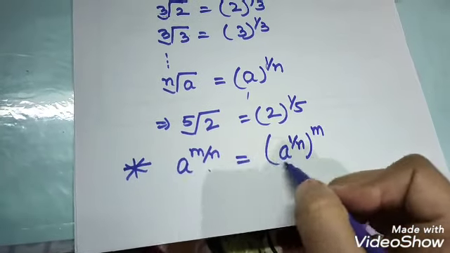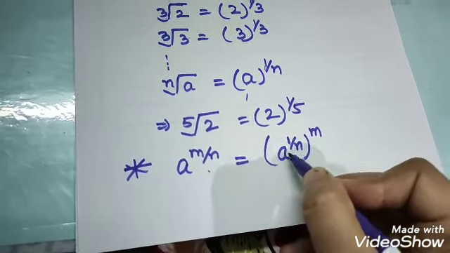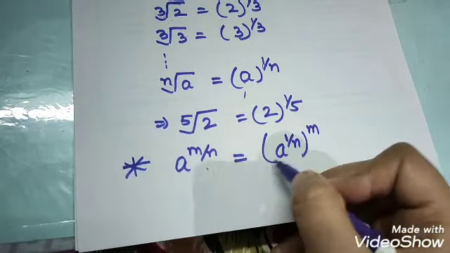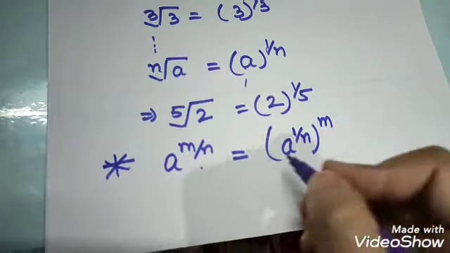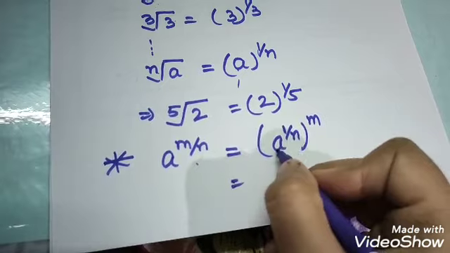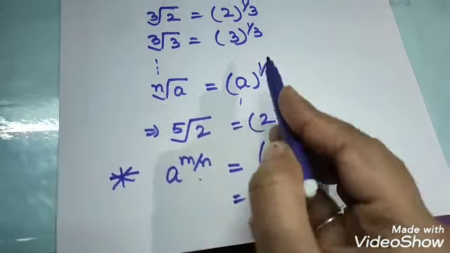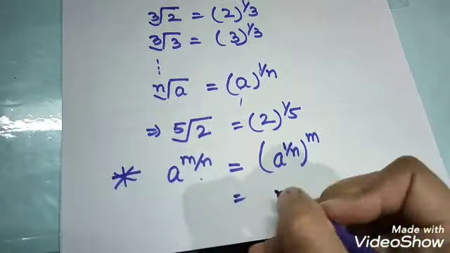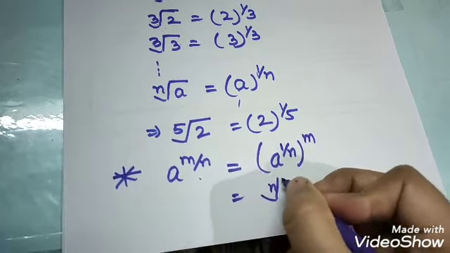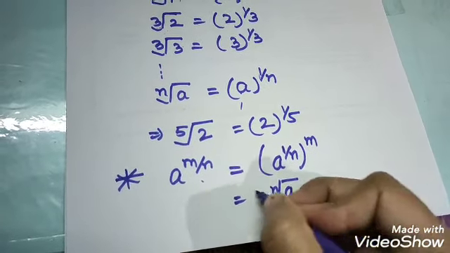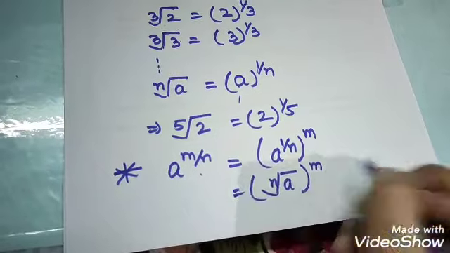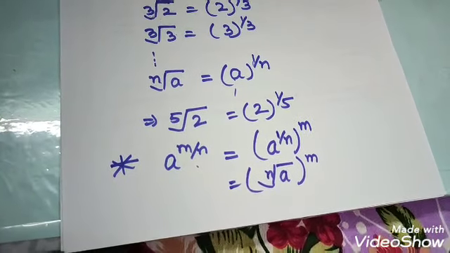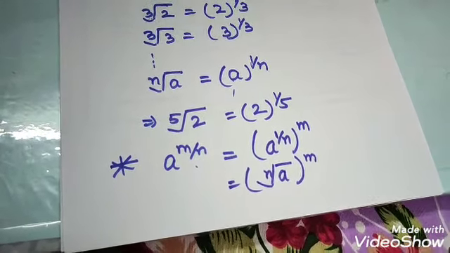So this is one form of writing this. A to the power 1 by n means you can write it in this form also: n-th root of a to the power m. This is the way you can write it also.